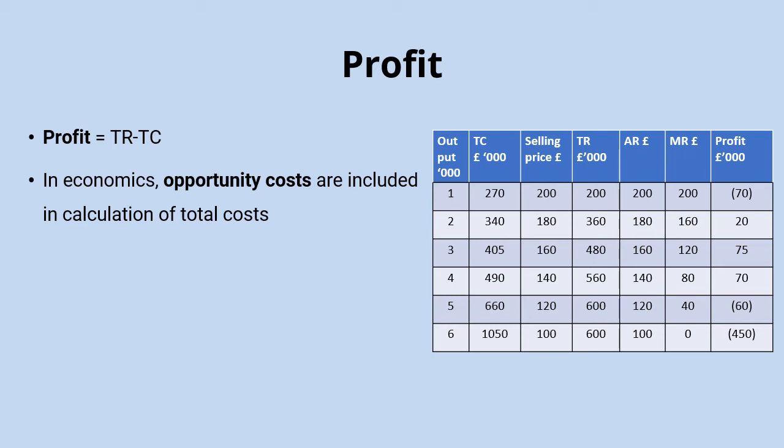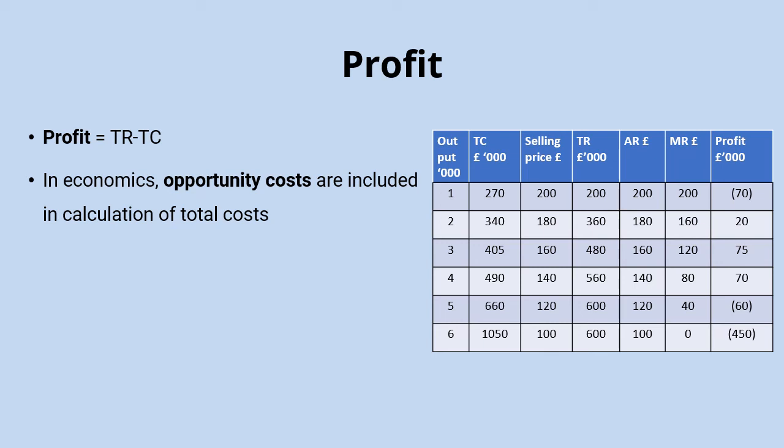So imagine that you work for a florist and you're earning £25,000 a year in that job. But then you decide to leave and start your own floristry business, and after all your costs, your accountant tells you you've made a nice profit of £30,000 in your first year, which you're quite happy with.